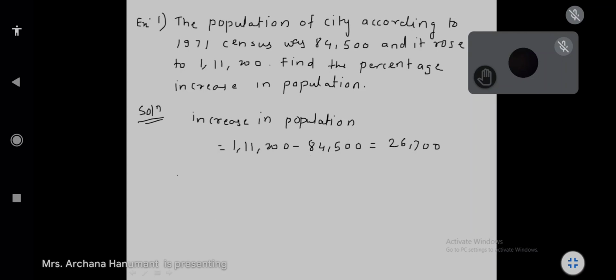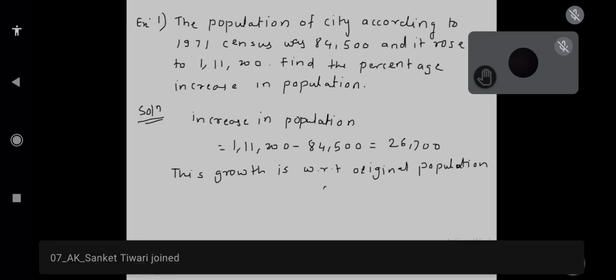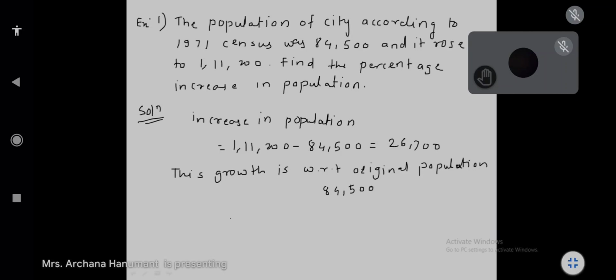Okay, so how to find the percentage? This growth is with respect to the original population, 84,500. So on 84,500 the increase is 26,700.